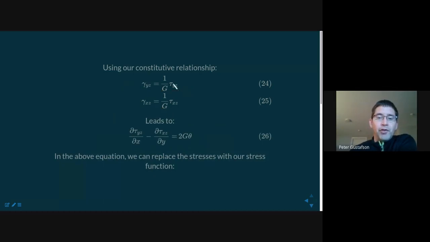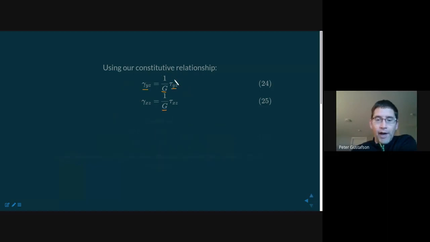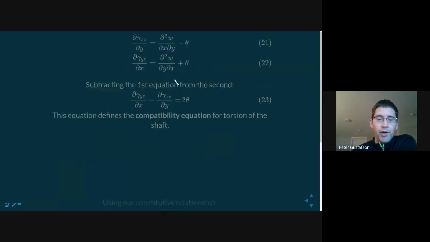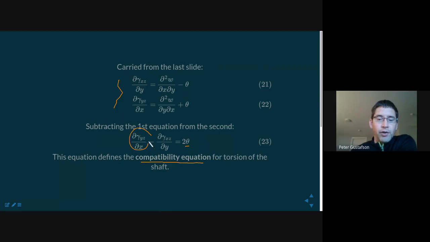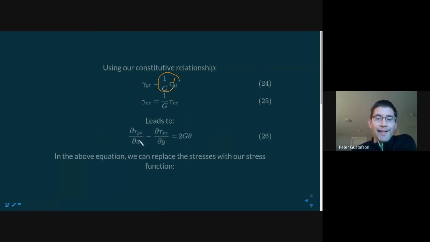And we can then just take this equation and plug it into the prior equation. And that leads us to this equation. So the first derivative, I should say, partial tau yz partial x minus partial tau xz partial y is equal to 2G theta.